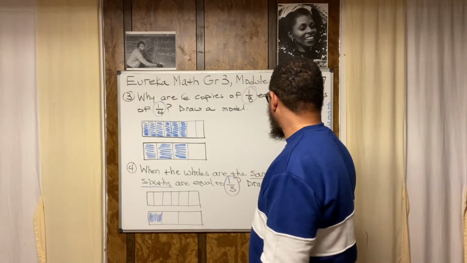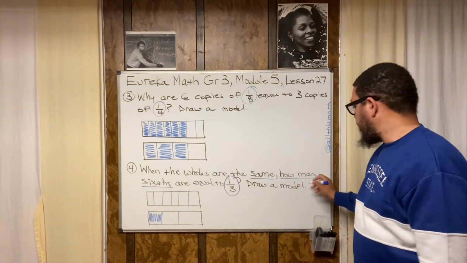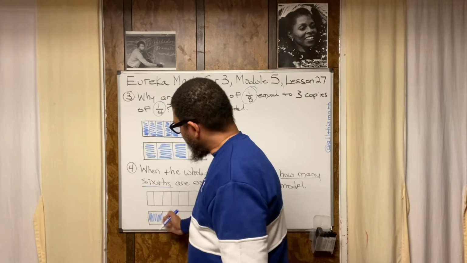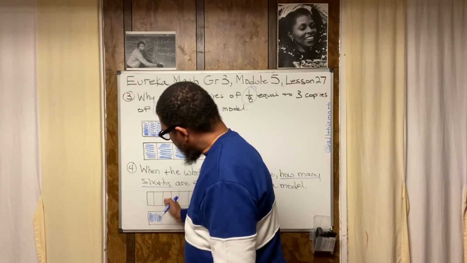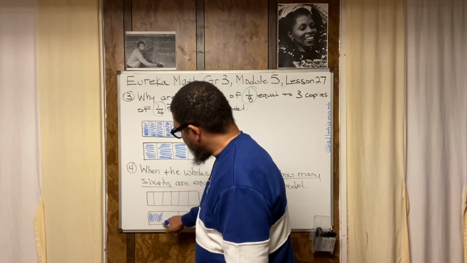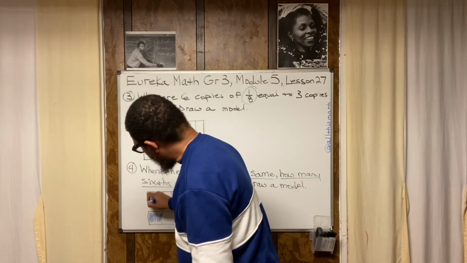Now, how many, underline that, those words are important. How many sixths are equal to 1/3? So look at where it lines up. How many of these up here are the same size as this piece down here? I would say 2.